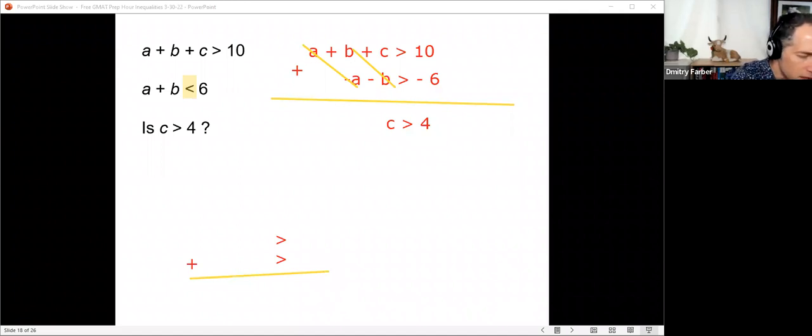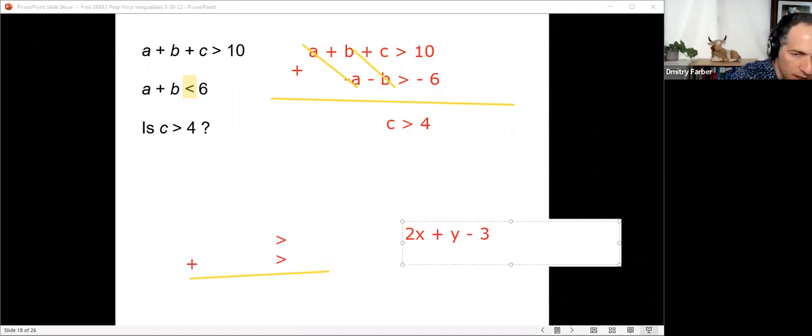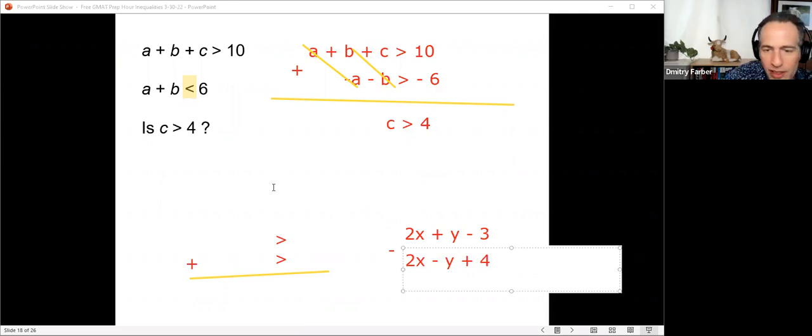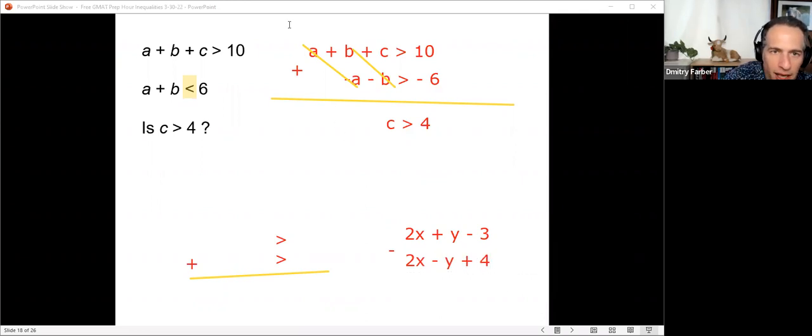When I have something like 2x plus y minus 3, and then I'm doing minus 2x minus y plus 4, I might forget. I might go, okay, yeah, 2x minus 2x, that's good. Y minus y, that's good. No, wait, hold on, it's y minus negative y.